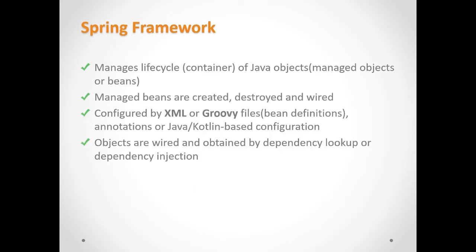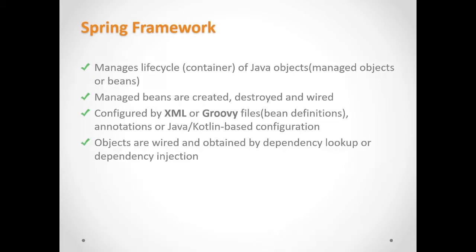So what is the main purpose of Spring Framework? Spring Framework is a container and it manages the lifecycle of Java objects called managed objects, or now simply beans, Spring Beans. These managed beans are created by Spring Framework, wired, initialized, and destroyed.